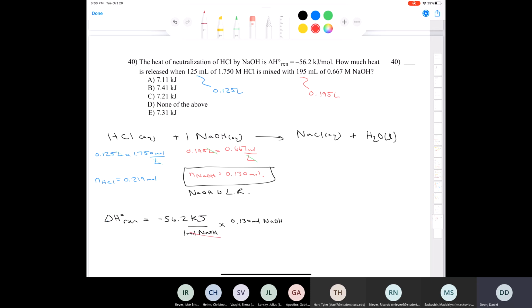Well, looky, moles of sodium hydroxide cancel out, and we're left over with the amount of heat that's released when we mix these two solutions together, and that is going to be equal to negative 7.31 kilojoules. So that's how much heat is released when you combine those two solutions together. Now again, it says released, and so the negative sign denotes released. So since they're saying that the heat is released, you don't need a negative sign in the answer, and so the answer is 7.31 kilojoules for the combination of those two solutions together.